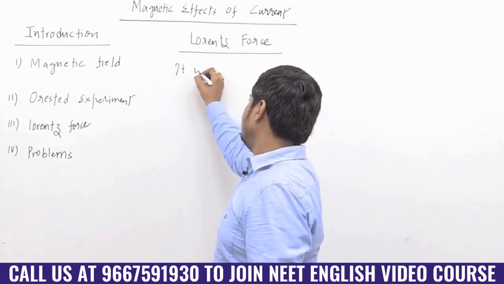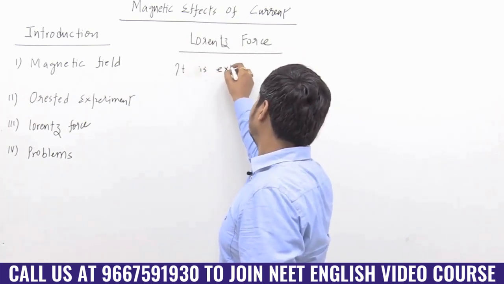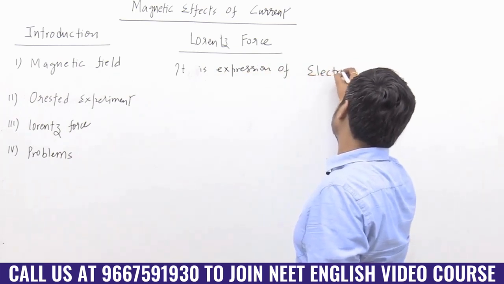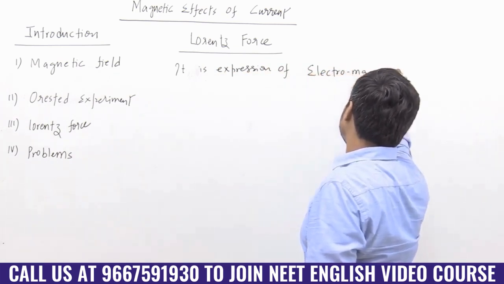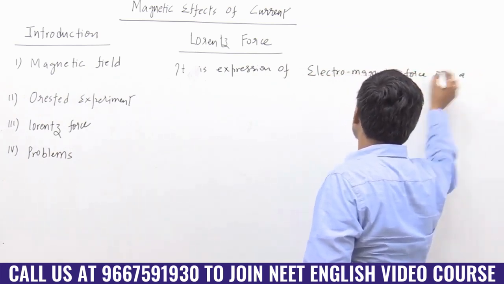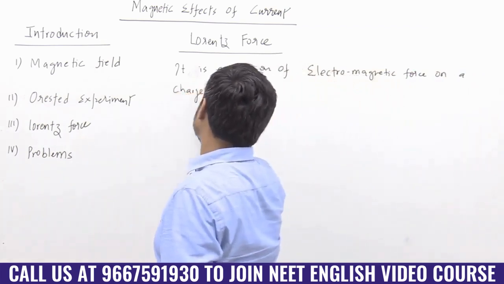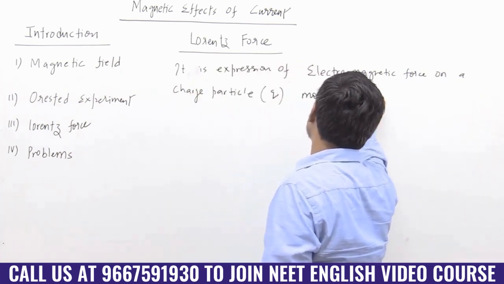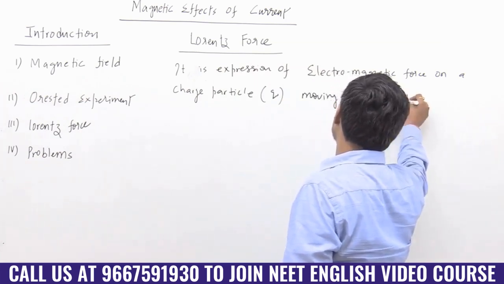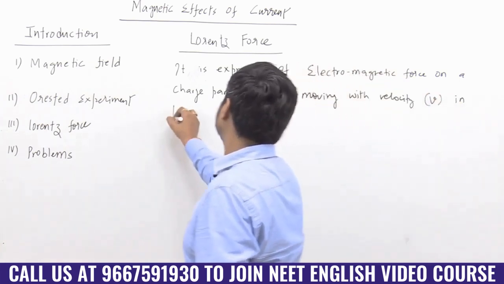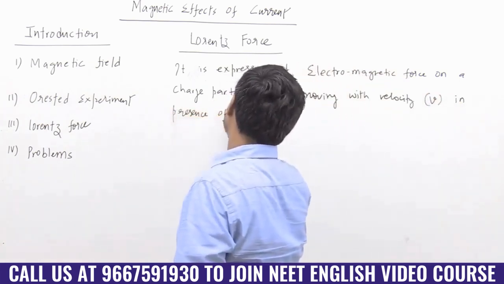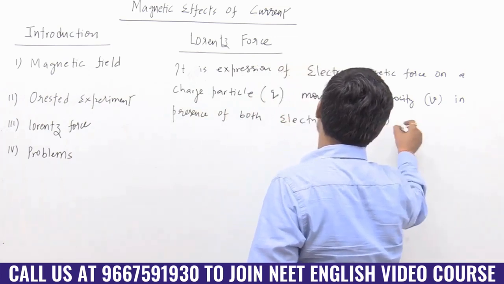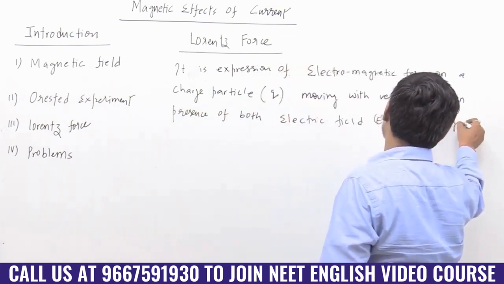It is the expression for electromagnetic force on a charged particle moving with velocity v in presence of both electric field and magnetic field.